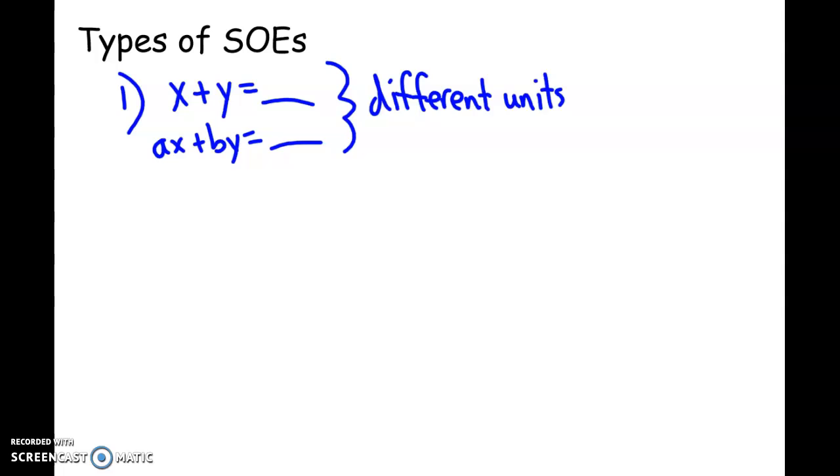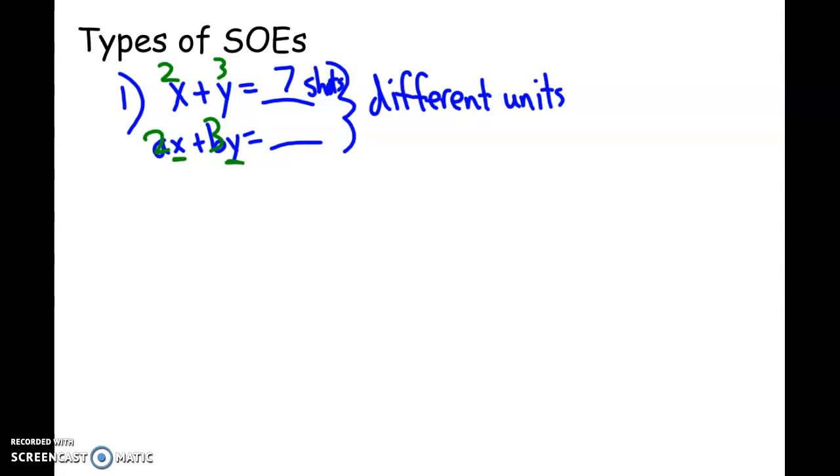All right, where you've maybe made 7 shots. And so the idea is that the x and the y represent, let's go with 2-point shots and 3-point shots. And then the coefficients a and b would be 2 and 3. For each 2-point shot you made, you got 2 points.